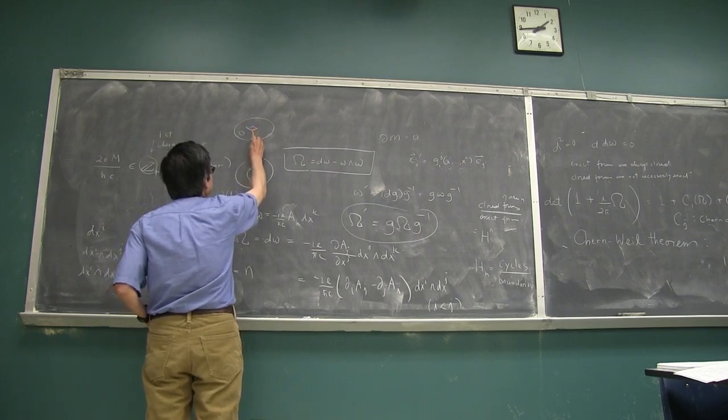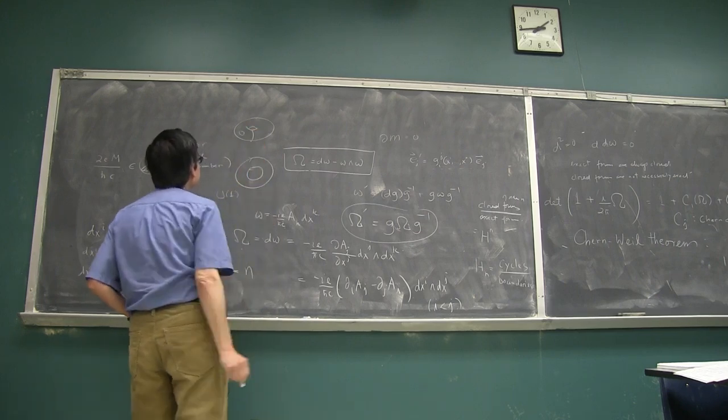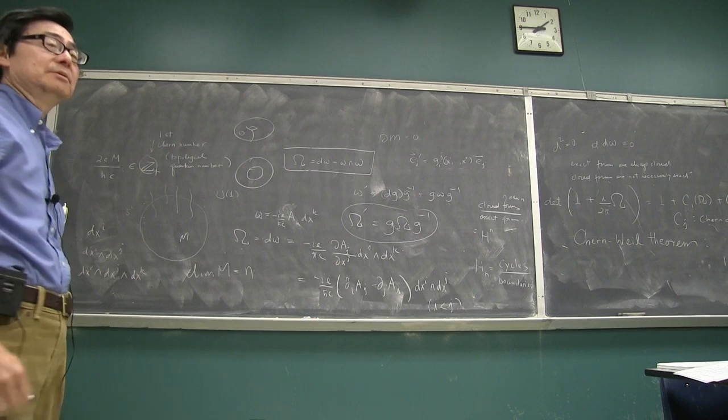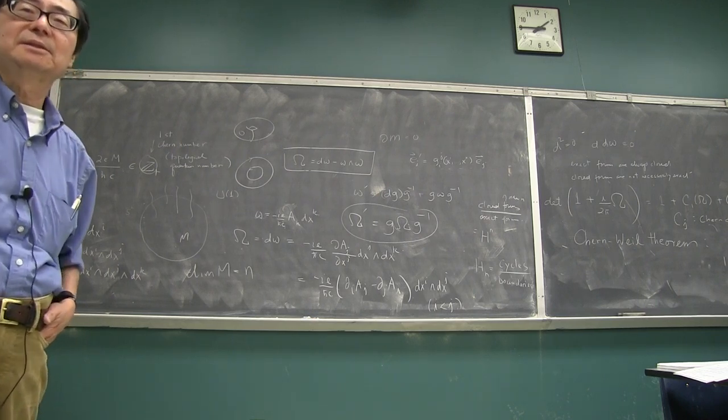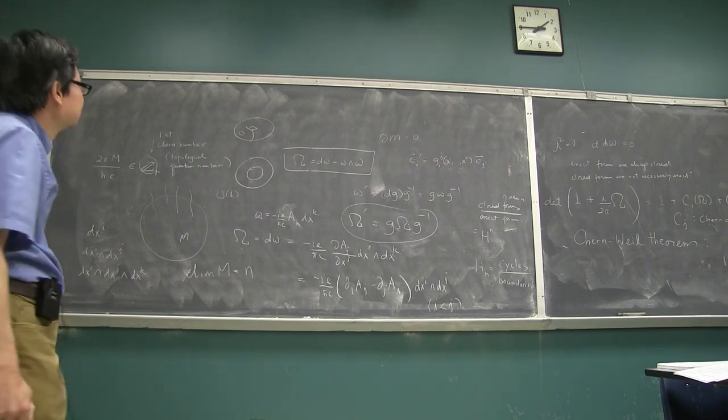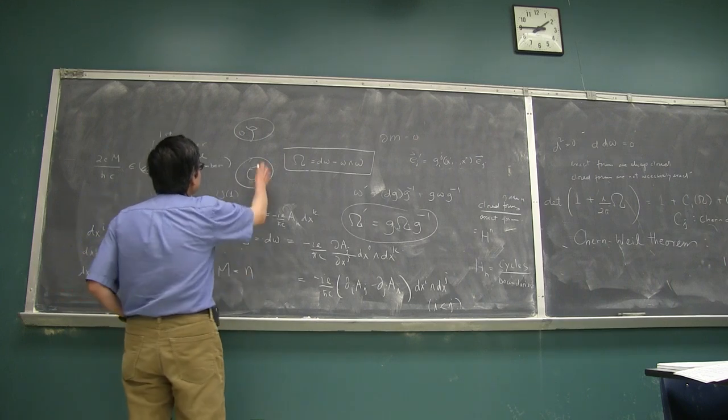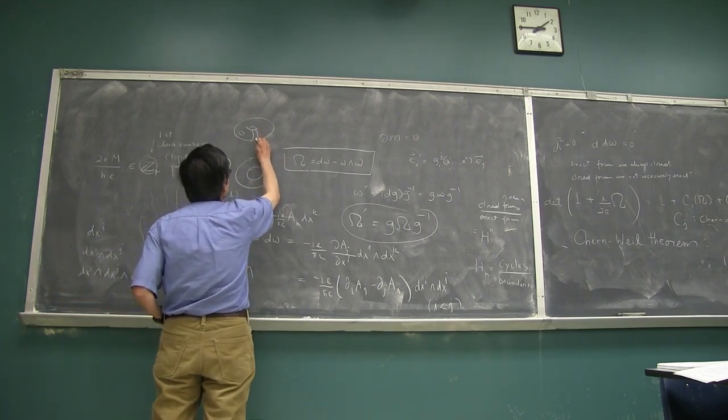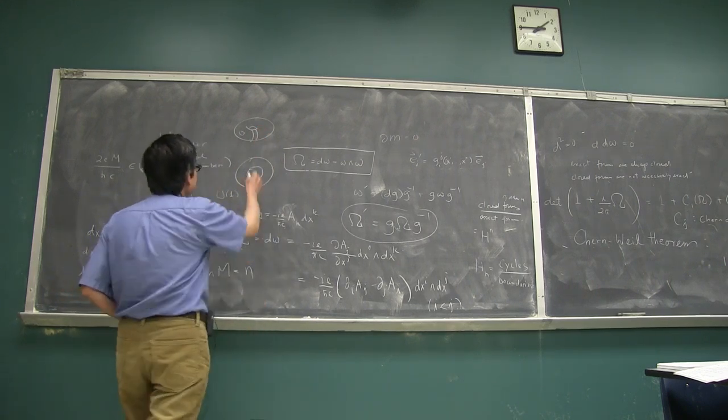Now, if you think of this loop in here, it's also a cycle because that doesn't have any boundaries either. So you think of another one like that, that's another cycle.